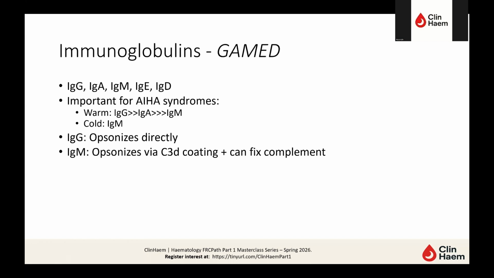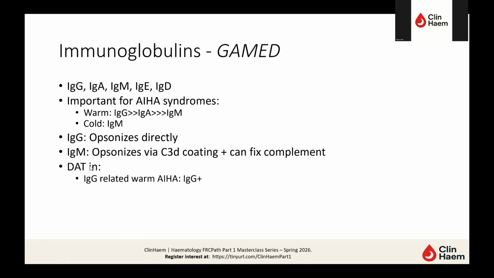IgG ones are preferably removed in the spleen. So IgG just causes hemolysis by extravascular mechanisms by causing opsonization and the removal in the spleen. IgM causes extravascular hemolysis in the liver by C3d coating, but it can also cause intravascular hemolysis by just fixing the complement. And this is very important to know.